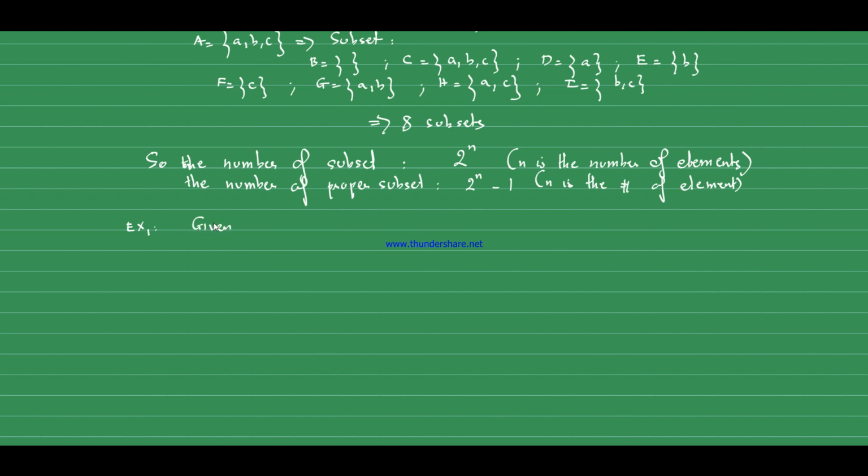Given the set A, with these elements: let's say I have Dell, HP, MSI, so different brands of laptop, then I have Alienware.